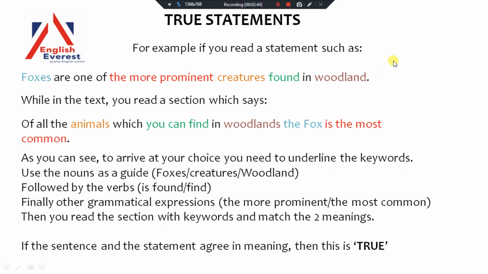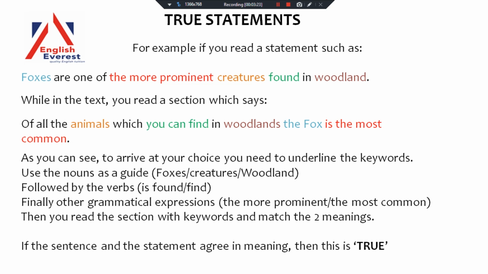So let's look at how we would determine what a true statement is. If, for example, you read a statement such as, foxes are one of the more prominent creatures found in woodland, while in the text you read a section which says, of all the animals which you can find in woodlands, the fox is the most common. So we arrive at our choice by underlining keywords.